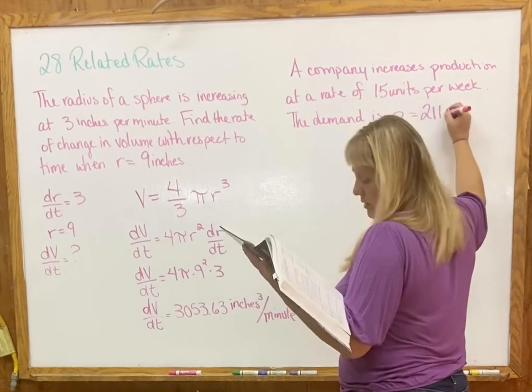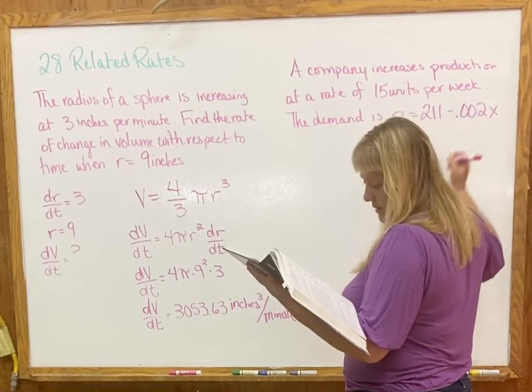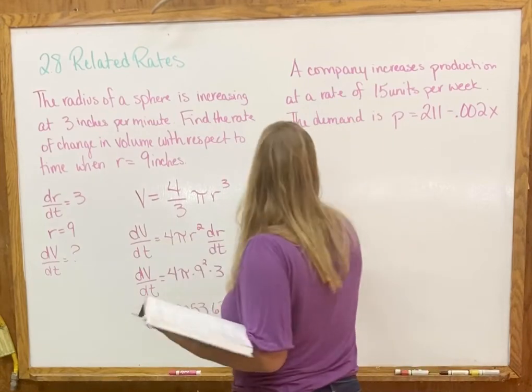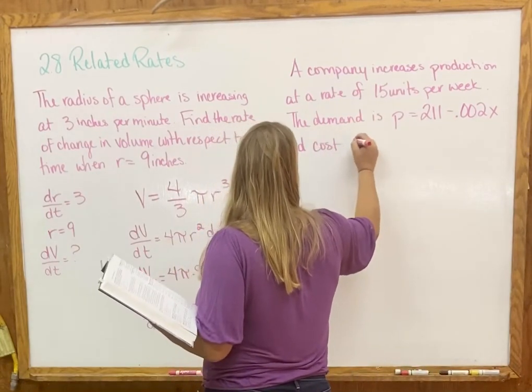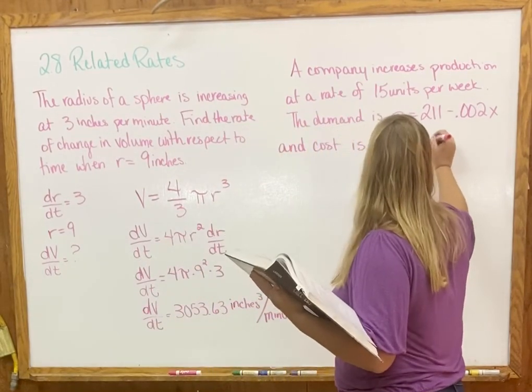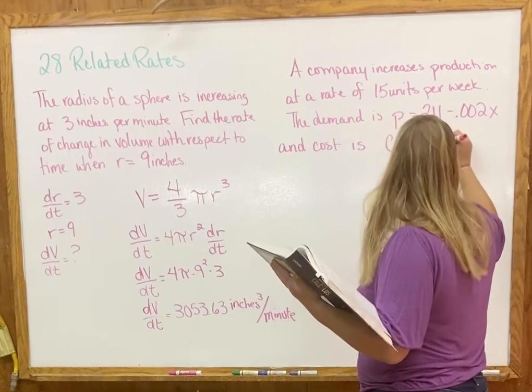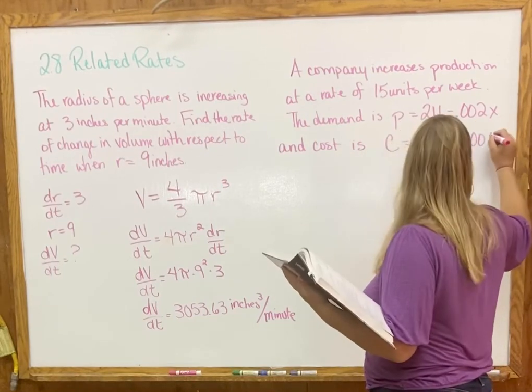The price equals 211 minus 0.002x, and cost is C equals 30x plus 1,500,000.